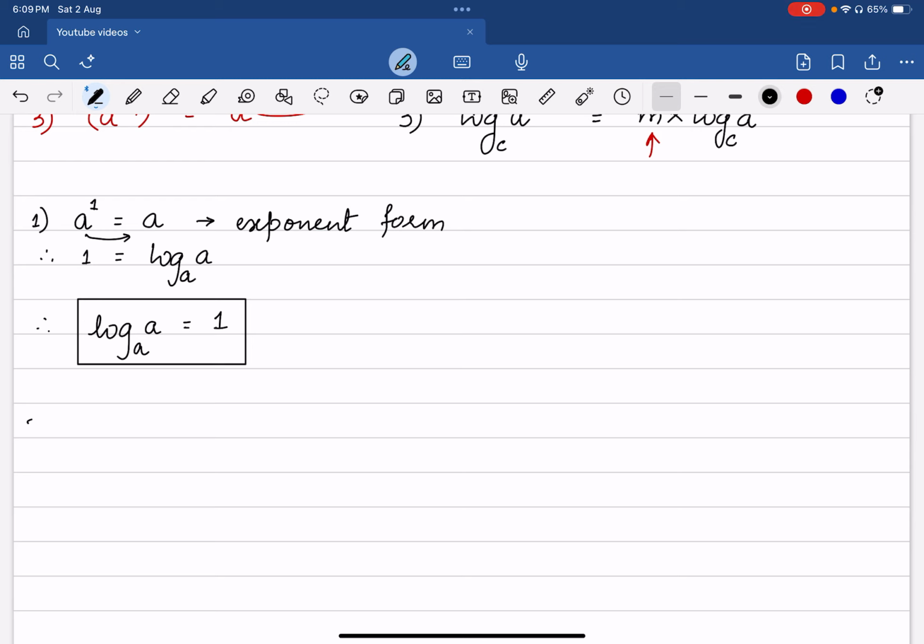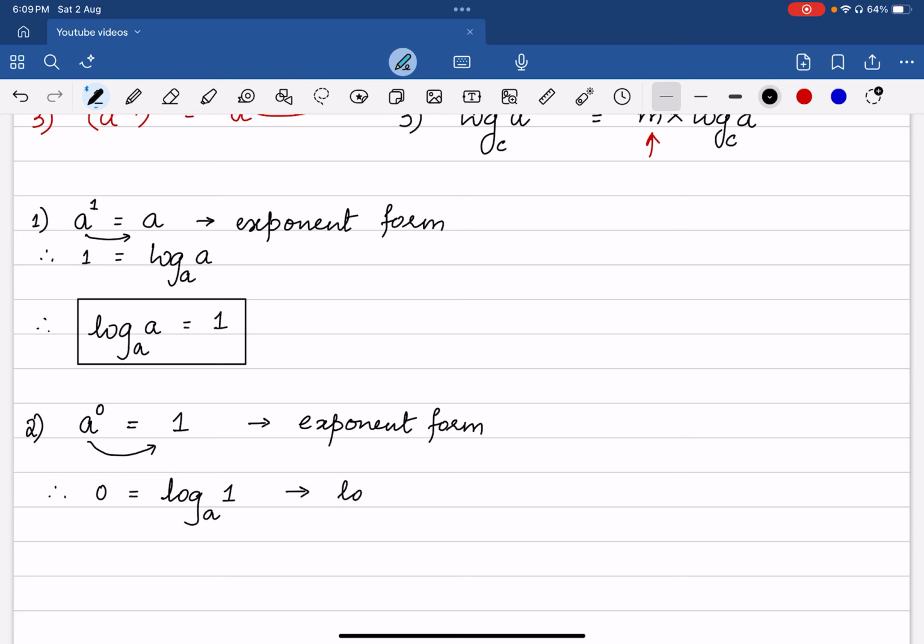Similarly, there's another characteristic of indices which says anything raised to 0, your answer is always 1. Correct? Now, if I see this also as exponent form, then if I were to convert this to log form, I would have to send the a to the other side. That will make it look like log of 1 to the base a.